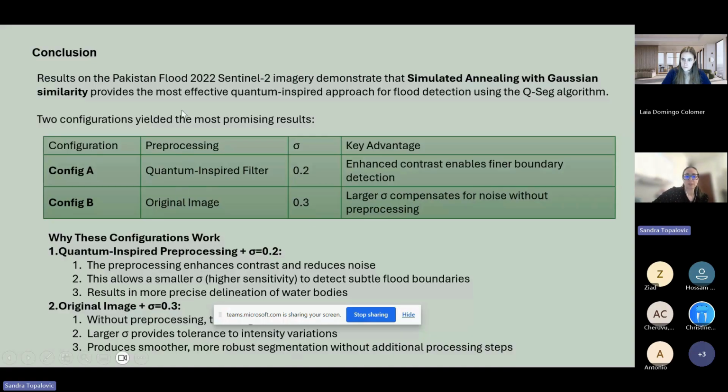These two different configurations yielded the most promising results. There are some reasons why the quantum inspired processing helped to enhance the contrast, reduce the noise, and get better segmentation boundaries. And the original image without processing with larger sigma provided a tolerance to intensity variation as well.